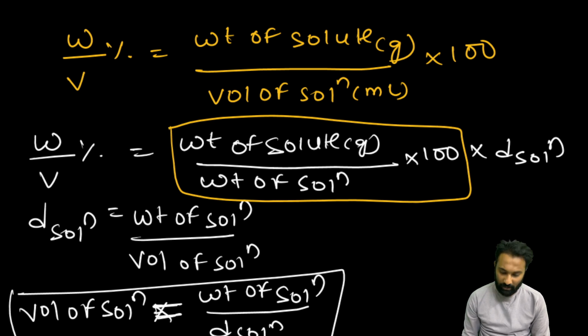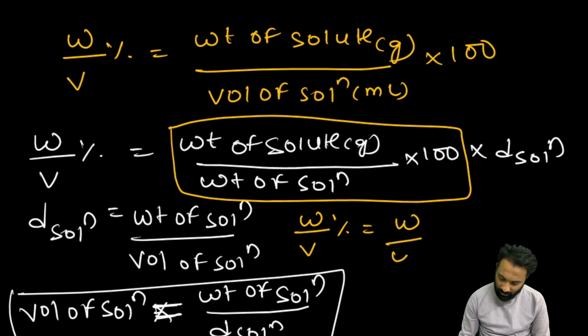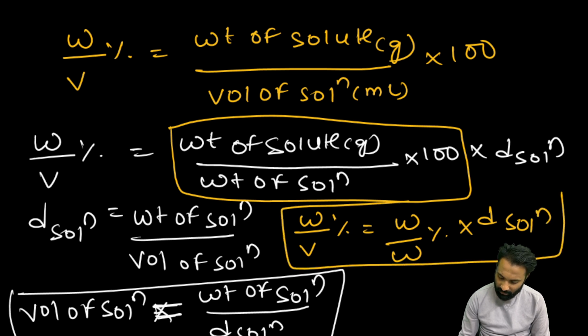Then W by V percentage will be equal to W by W percentage into density of the solution. This is one interconversion that we are going to remember. W by V percentage is equal to W by W percentage into density of the solution. Clear?